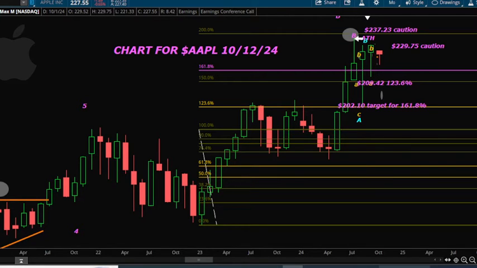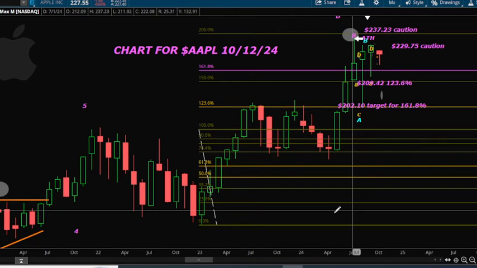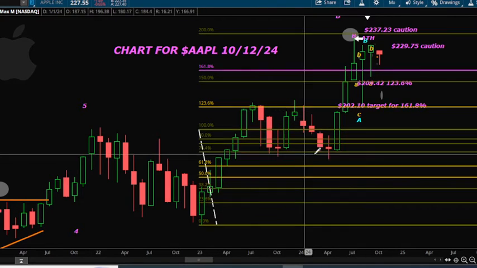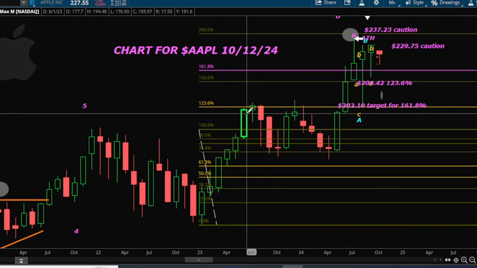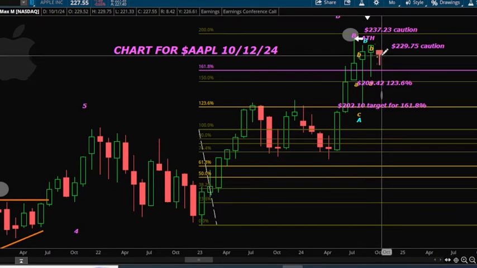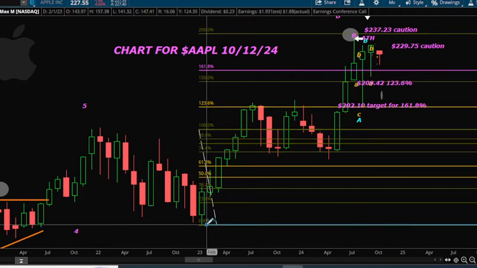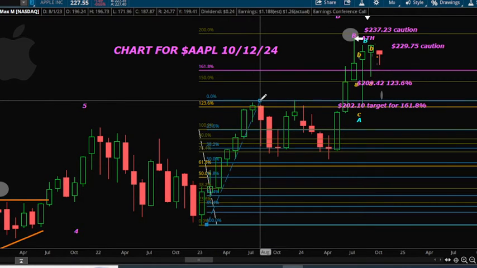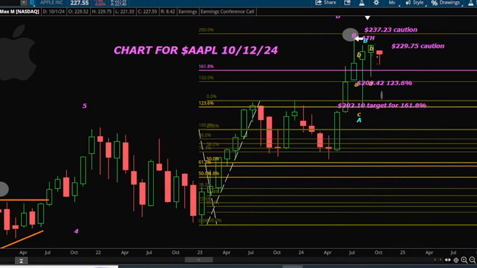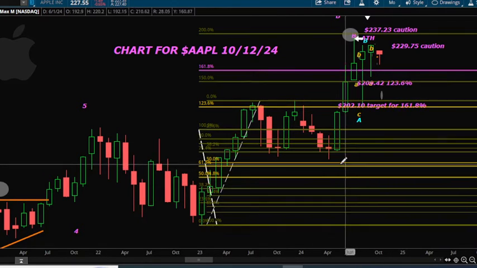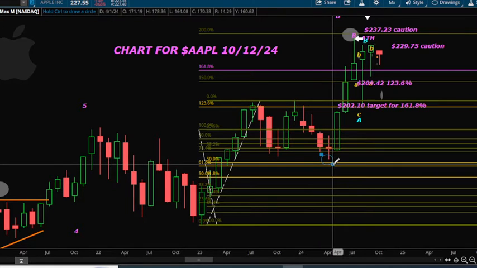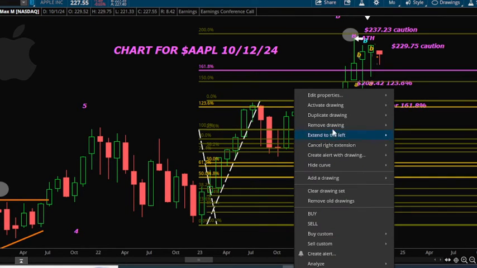And I want to show you this correction from this rally up, a smaller A wave up. So we have an A, B, C here, a smaller A, B, C inside the B wave. Notice the 50% retracement here. We will count that and include that in our analysis for the C wave down.